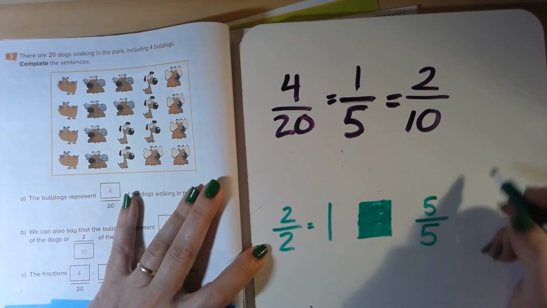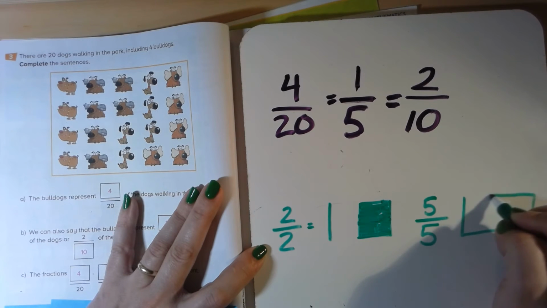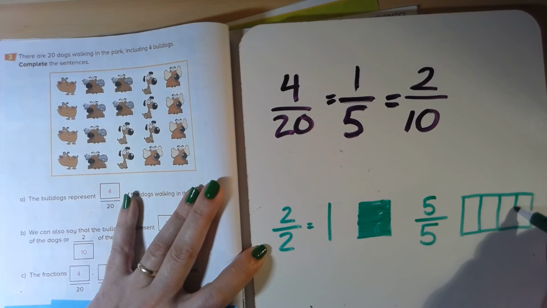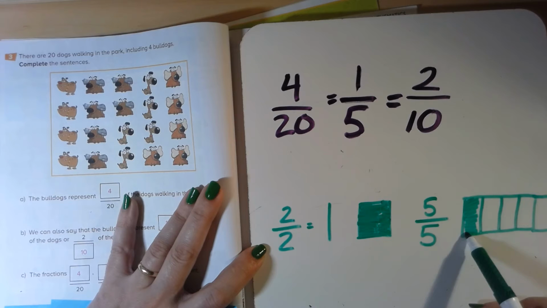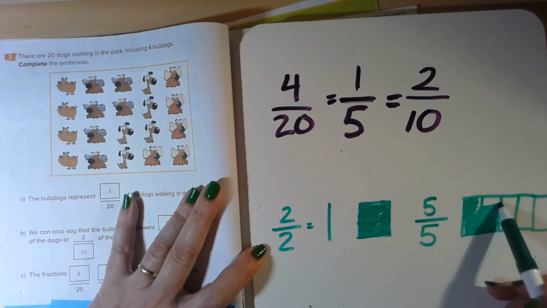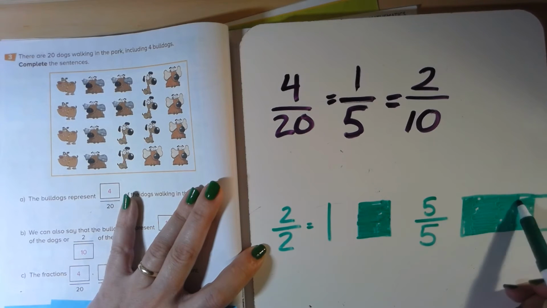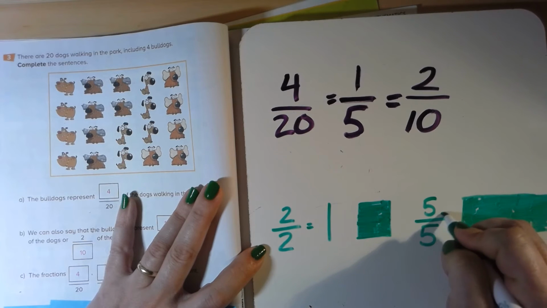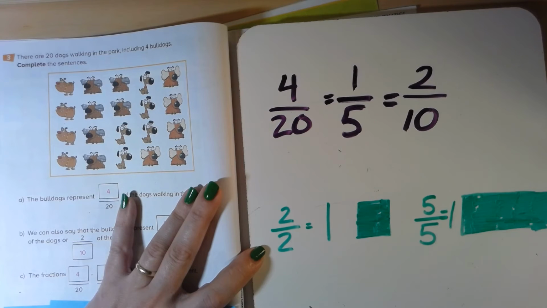What if I had 5/5? So I take a rectangle, I divide it into 5 equal parts, and I shade in 5 parts. 1, 2, 3, 4, 5. 5/5 equals 1 whole because it's all shaded in.